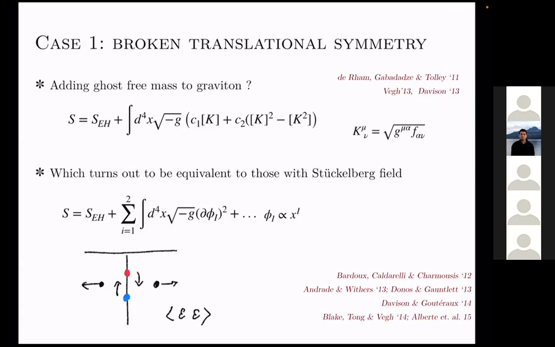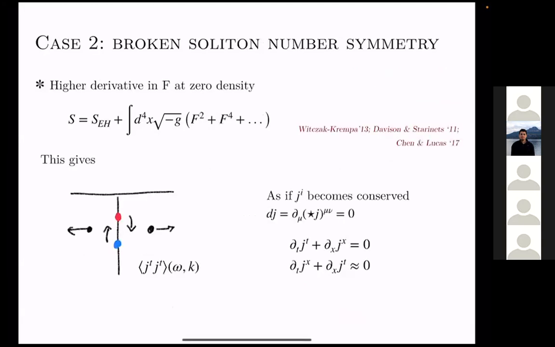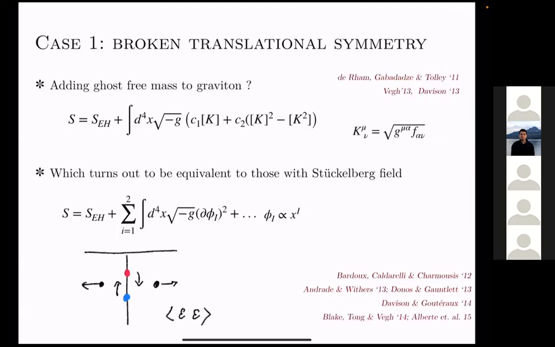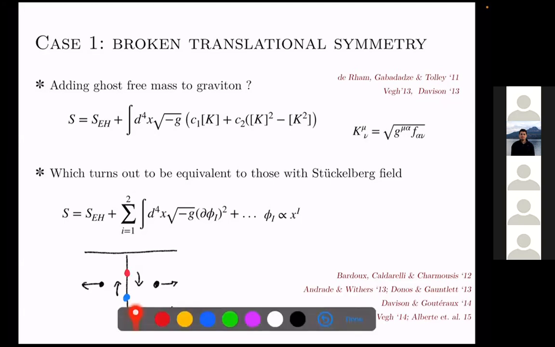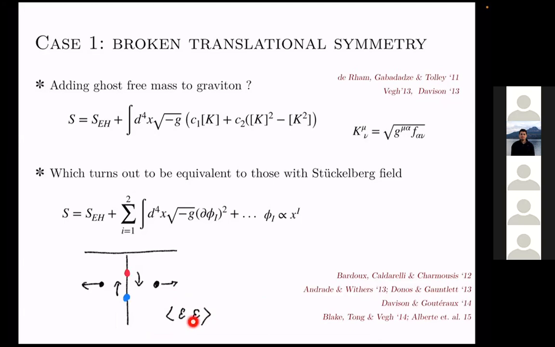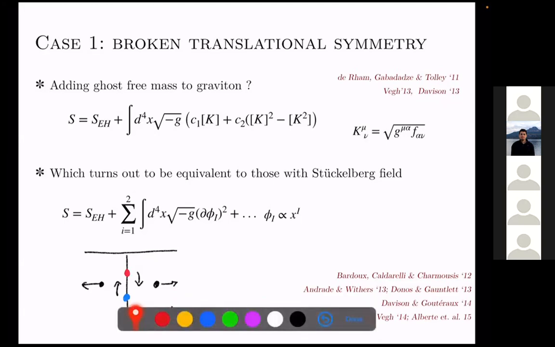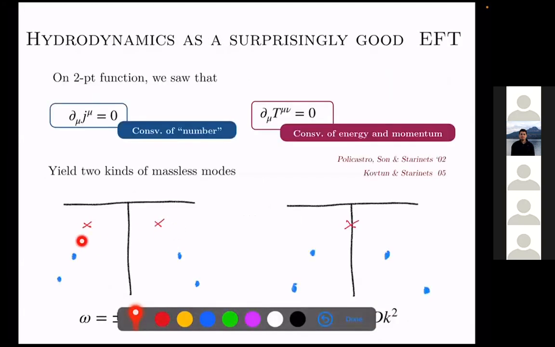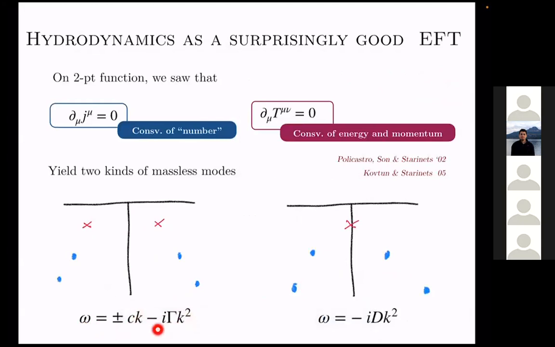Usually when you compute the energy correlation function in the charge neutral theory, what you see is a pole, a sound pole, because energy is coupled to momentum, and momentum is traveling together with it, and so you get this kind of mode, which is a sound mode.